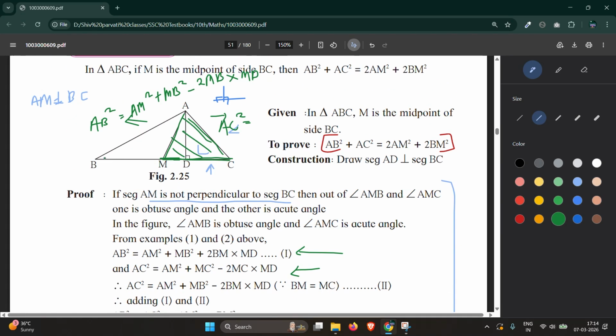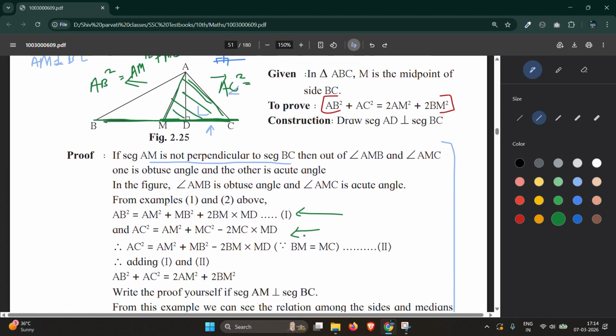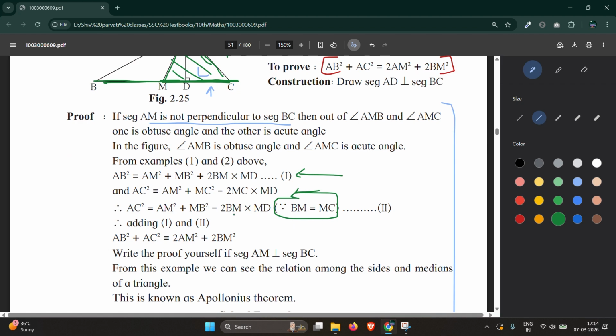Because we know that MB is equal to MC, since it is given that M is the midpoint, we substitute that in the second equation. So in the second equation, instead of MC, we will write MB.